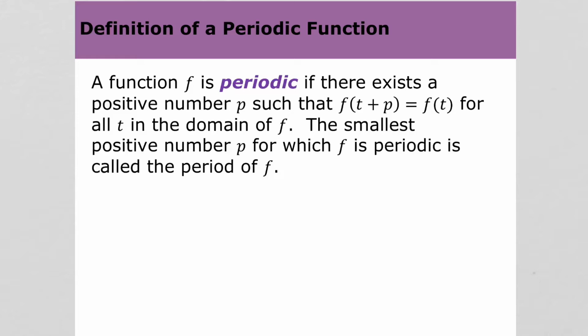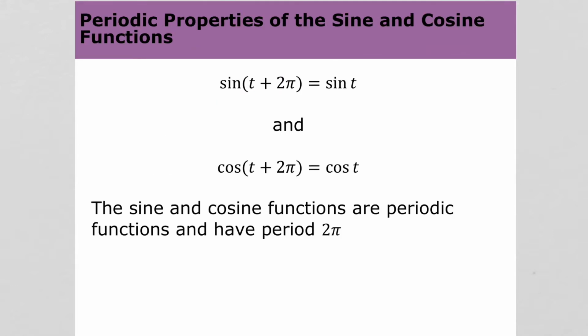So basically, our trig functions are periodic functions. Sine and cosine, if you add 2 pi for sine and cosine, then you get back the same value.